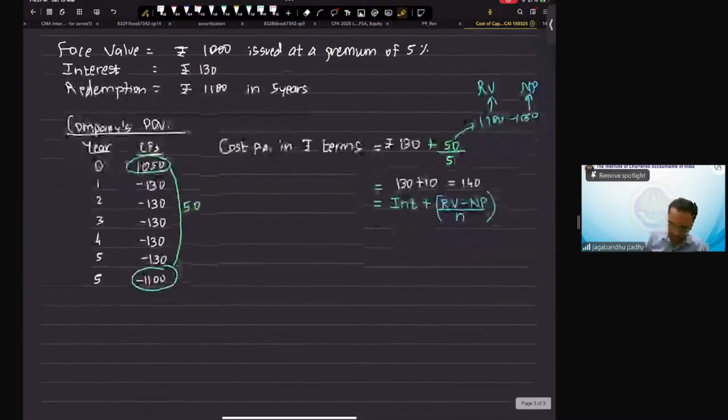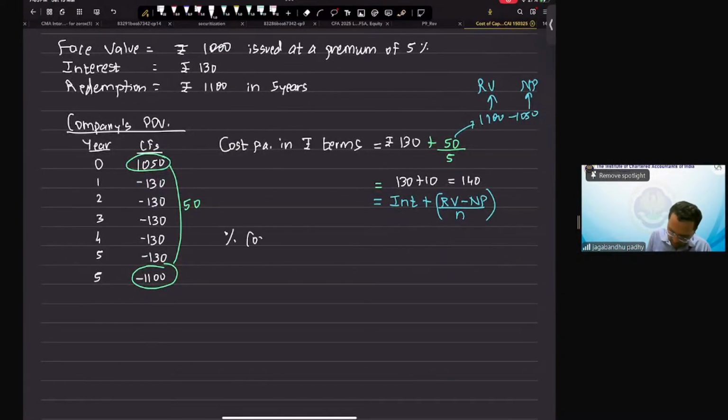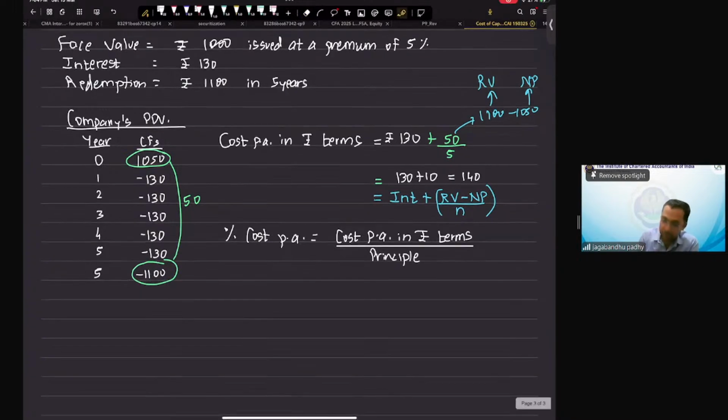Now, what is the principal amount? Because if I want percentage cost per annum, it should obviously be the cost per annum in rupee terms divided by the principal.